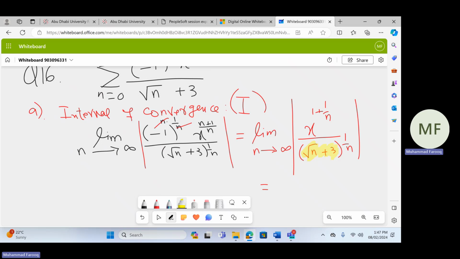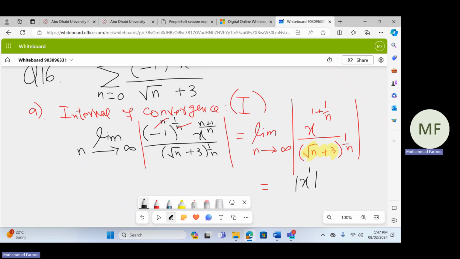So this denominator will become 1. 1 by infinity is 0, so 1 plus 0 gives x power 1. So when we apply the limits here, what do we get after all? One, and the absolute value of x. Very good.